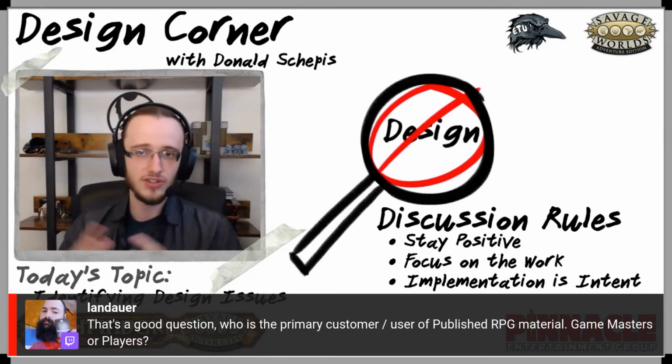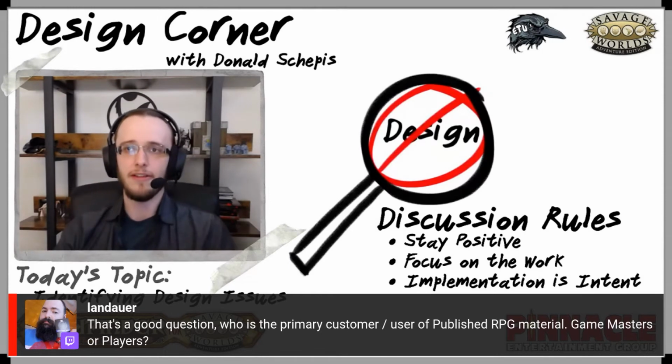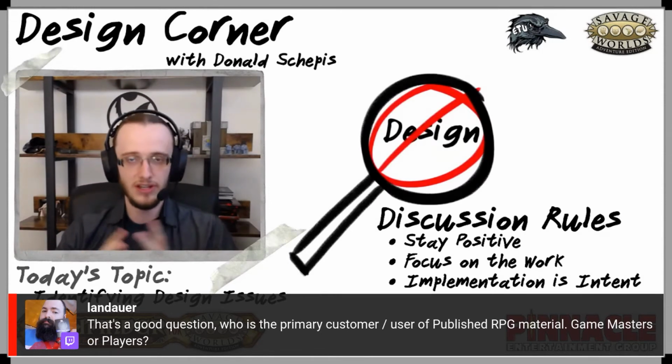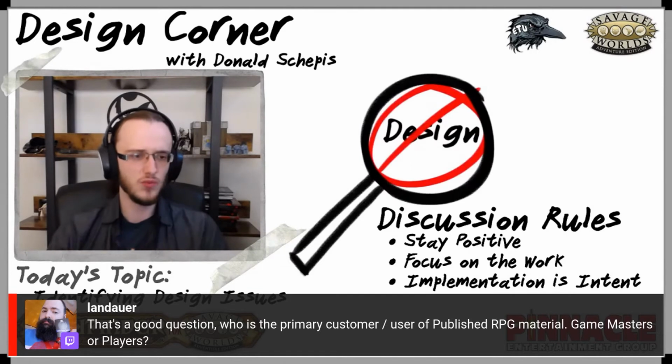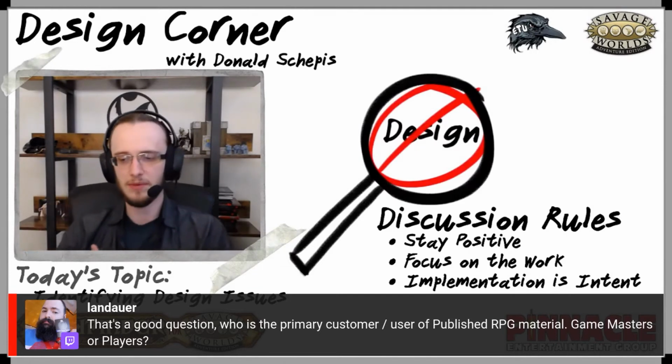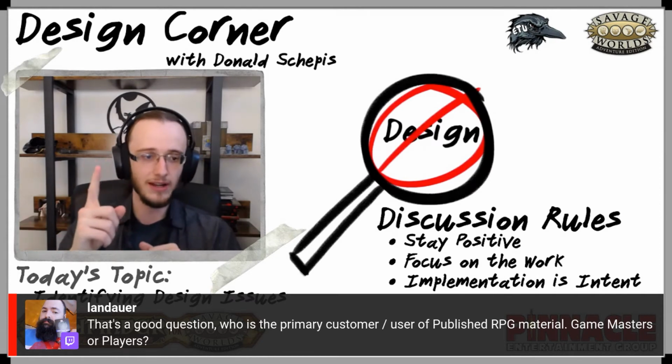So your core content is going to everybody, but the moment you get off the beaten path, and by off the beaten path, I mean the not core rules, when you're talking about bestiaries and adventure paths and things of that nature, the GM is your core consumer. And it's kind of this weird tension in tabletop, because a lot of the stuff you put out is something that only one person is going to buy, right?